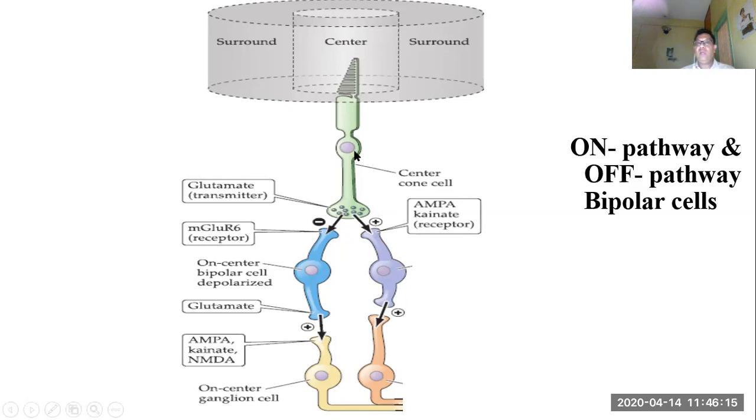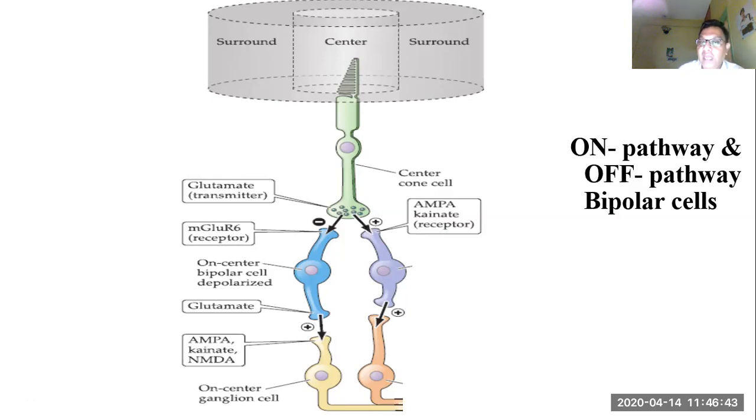Here, when the cell is receiving light, it is being hyperpolarized. A photoreceptor is hyperpolarized when light falls on it. When light falls on a photoreceptor, as we see in the center, it is hyperpolarized, thereby releasing less glutamate.